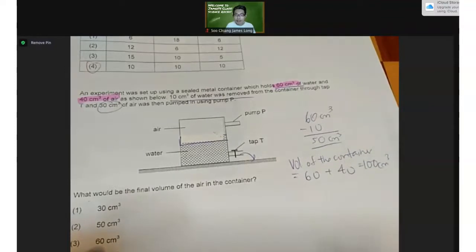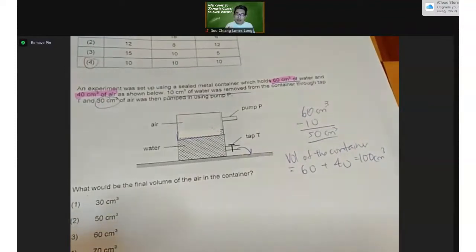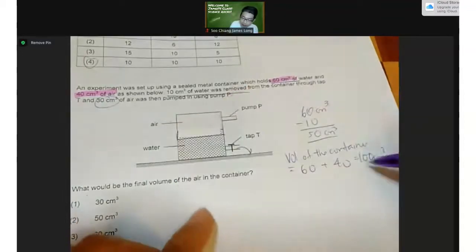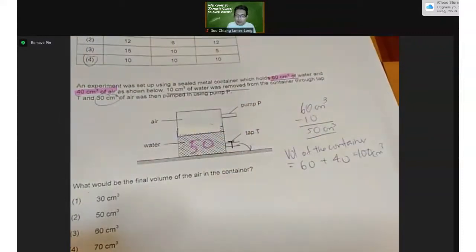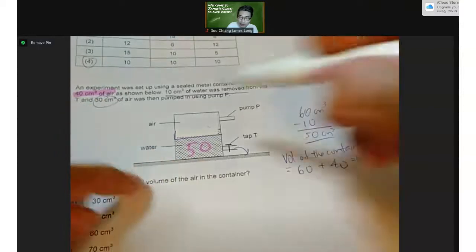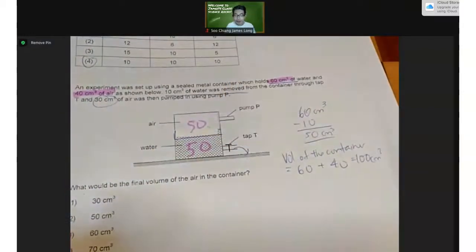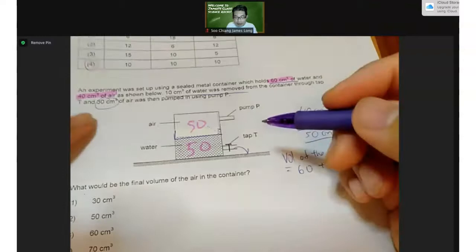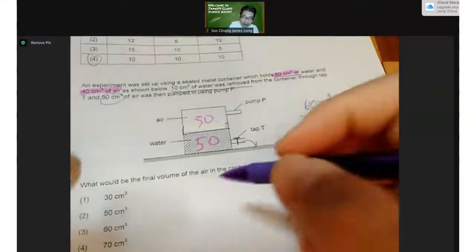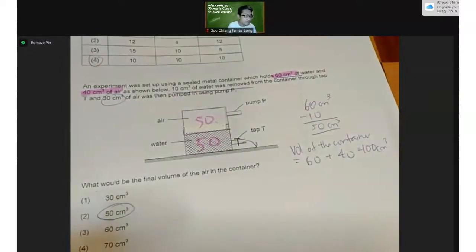Then you remove away 10 cubic centimeter, leaving here 50 cubic centimeter of water. Since the total volume is at 100, there's 50 here, so there's 50 here. So even if you add 30 in, it will not increase this to 80. Alright, so answer is 50.